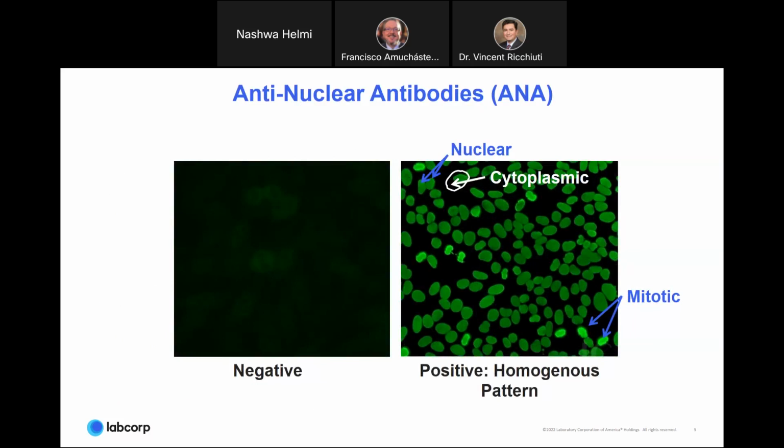The positive patient will display a bright apple green fluorescence, as shown with the positive homogeneous pattern. And as you can see with the blue arrows here, we have the nuclear staining and the mitotic staining showing a very bright green color. And I also indicated the cytoplasmic area, which is totally clear for the homogeneous pattern.